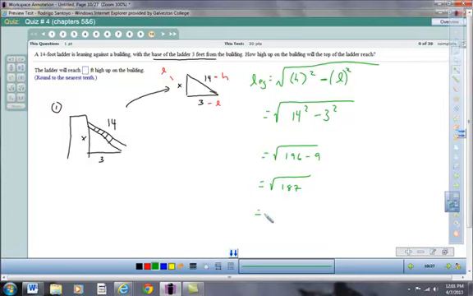Should give us a solution of 13.674779. But they want our answer in the tenths. We locate the tenths, okay? Because the following number is a 7, that 6 will go up. So our solution would be 13.7.